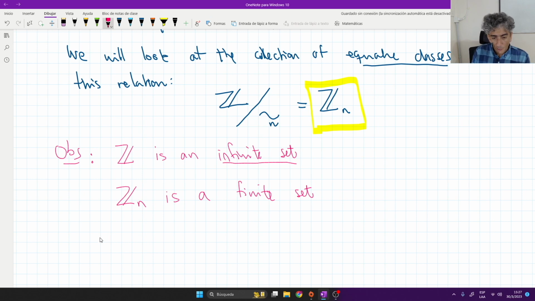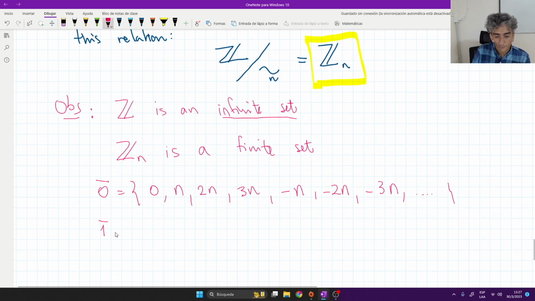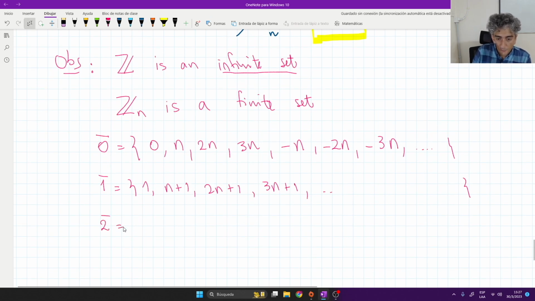So why? If you take a look at 0, the equivalence class of 0 consists of 0, n, 2 times n, 3 times n, minus n, minus 2 times n, minus 3 times n, etc. If you take a look at the equivalence class of 1, you have 1, n plus 1, 2n plus 1, 3n plus 1, etc. For the equivalence class of 2, we have 2, n plus 2, 2n plus 2, and so on.